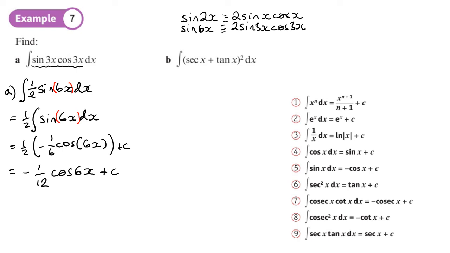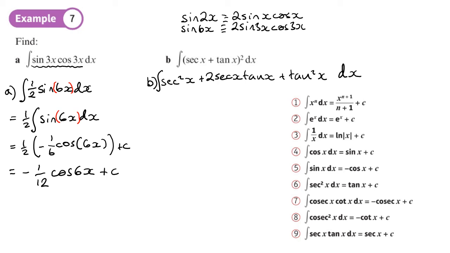For b over here, not anything that we can substitute in, so we're going to start by expanding the brackets. If we do that, we'll get sec squared x plus 2 lots of sec x tan x plus tan squared x. Right, now let's have a look at our list.